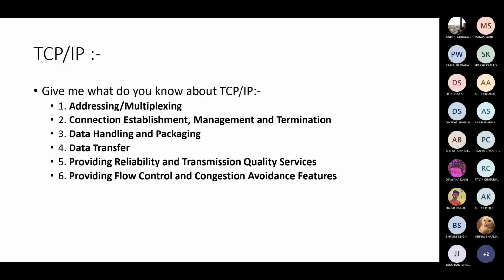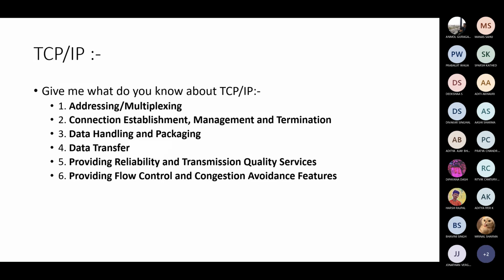And next, data handling and packaging. So how the data is handled and packaged. And next, data transfer. Data transfer means how the data is transferred from one system to another within the TCP/IP network. And next, providing reliability and transmission quality services. So how reliable is the data transferred from one system to another, and what are the transmission quality services?